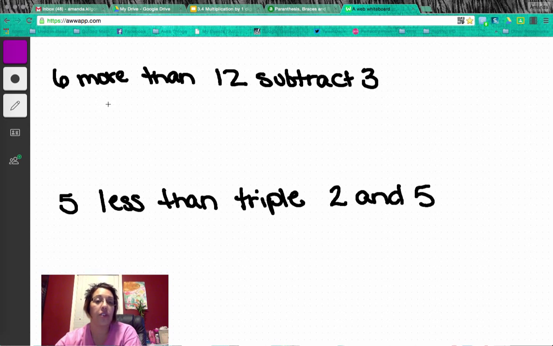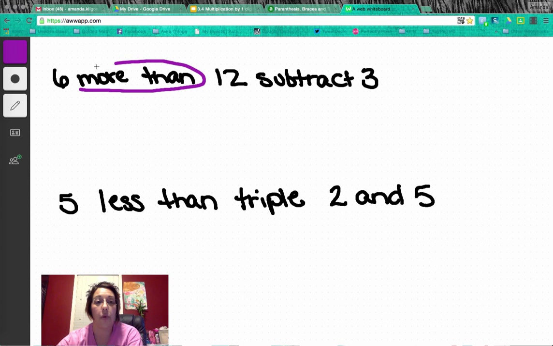So first I ask you to read and then reread. 6 more than 12 subtract 3. Second step in your strategies for success were to circle key words.